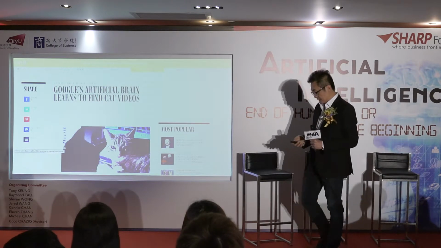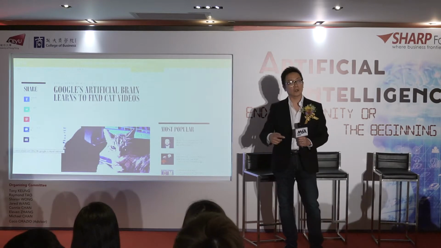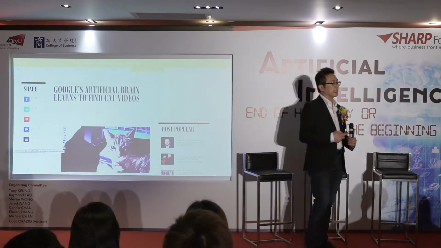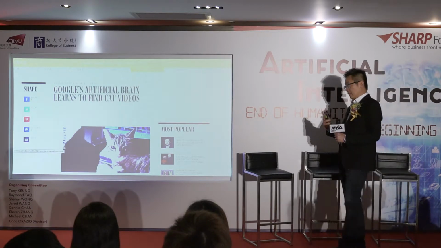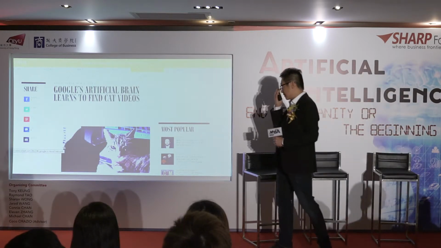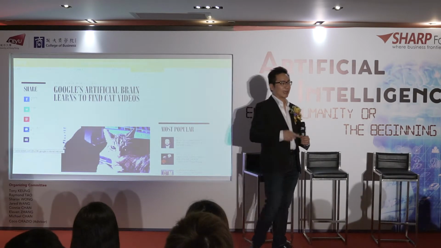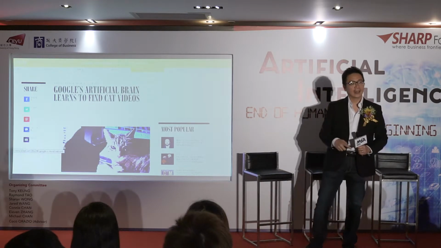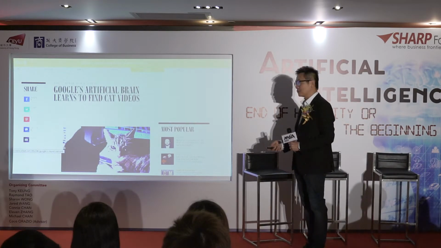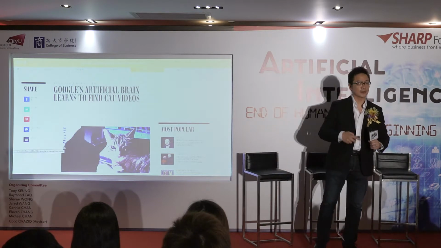And it became famous because of the Google brain that Google built in 2012. The Google brain was used because they acquired YouTube. The Google brain was to recognize and categorize YouTube videos into different categories. And it happens that a lot of the YouTube videos were cat videos.